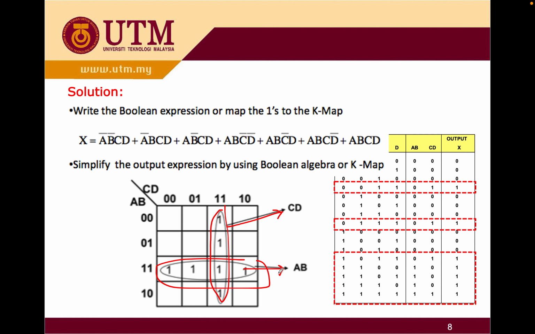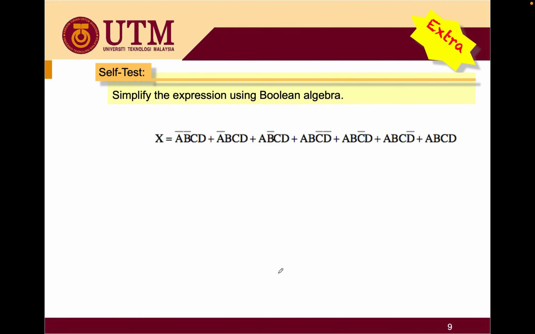So what next? So simplify the expression using, okay, this one you can test this. This is basically a recap for module 4. From here, what you need to do is, this one is using Boolean algebra, not using the K-map.